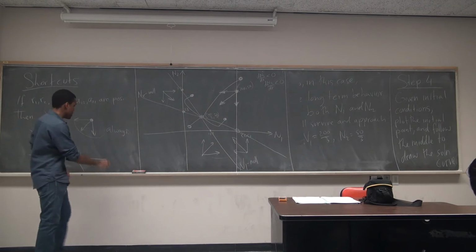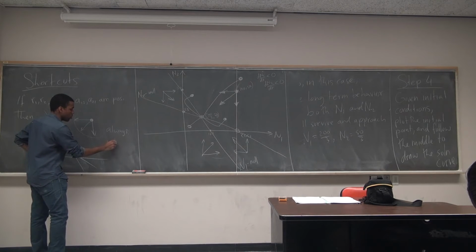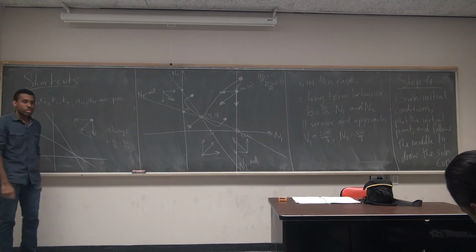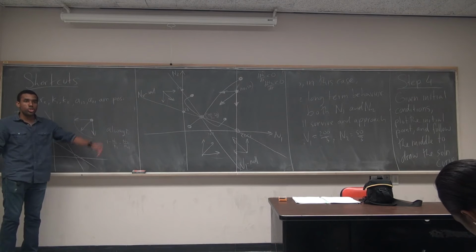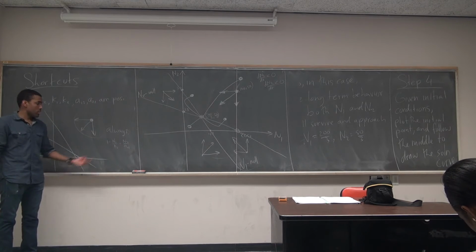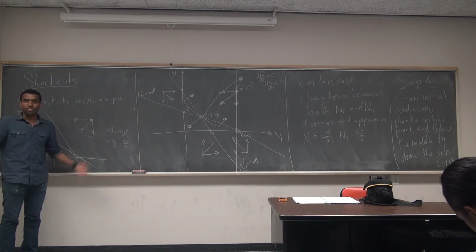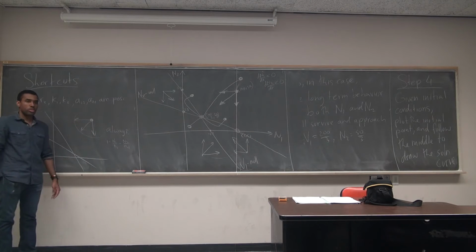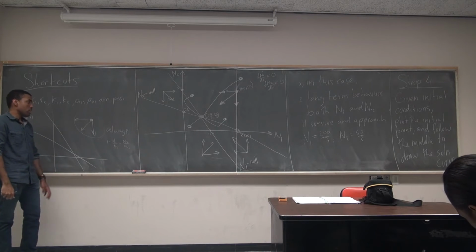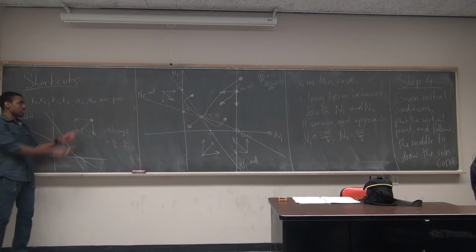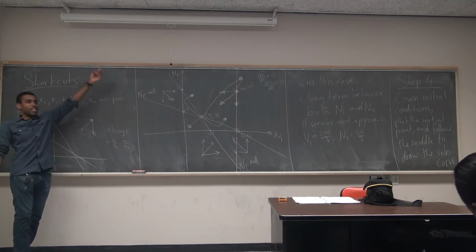The inside is going to look like 1 minus N1 over something minus N2 over something else. So I'm always taking 1 minus 2 huge numbers. If my N1 and my N2 are big numbers, this will always be a negative number. So it's always going to be decreasing in both directions. Another way you can think of that is, it's the more realistic situation, because otherwise, if one of these is increasing, I'd shoot off to infinity.